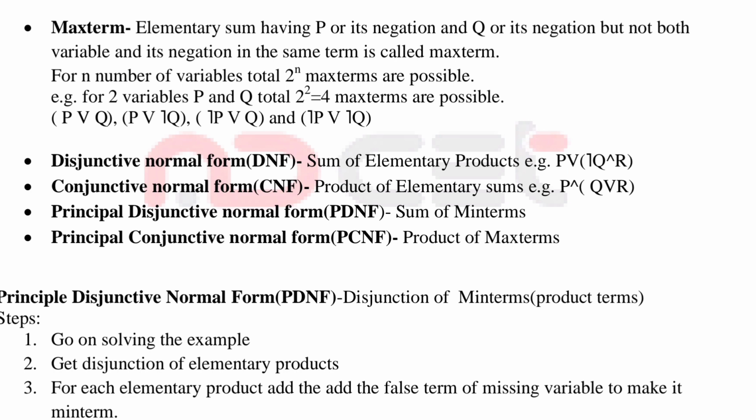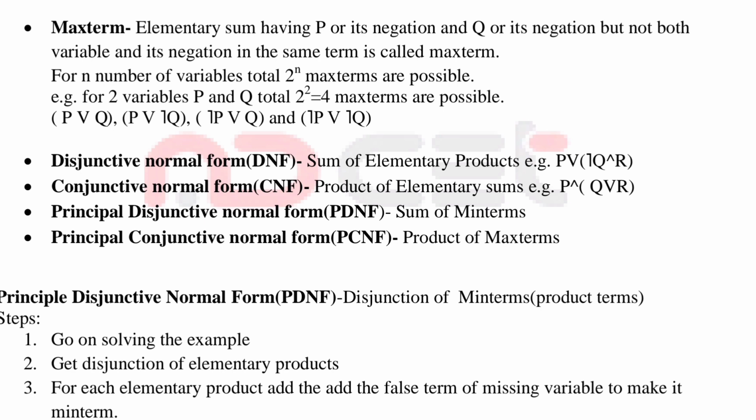In short, when we go for the DNF, disjunction means sum, and sum means OR, which plays a role as the connective between the two variables. So OR is outside the bracket and AND is inside the bracket. This is the disjunction normal form. And in the conjunction normal form, it is the product of elementary sums.